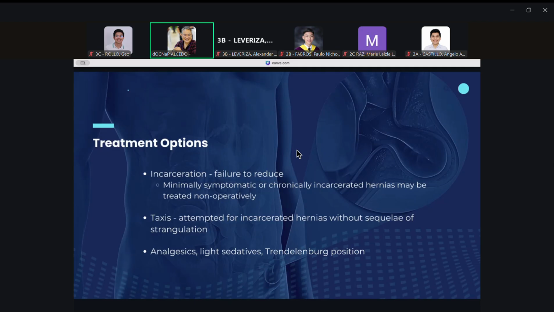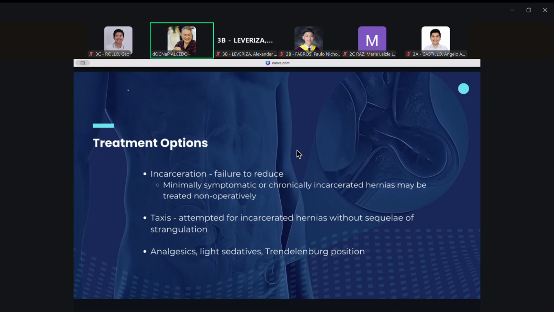So we will see the viability when we open the sac. Because if we see that it is non-viable, then we can resect the non-viable intestine within the operating field. Once it goes inside, we can no longer see it.